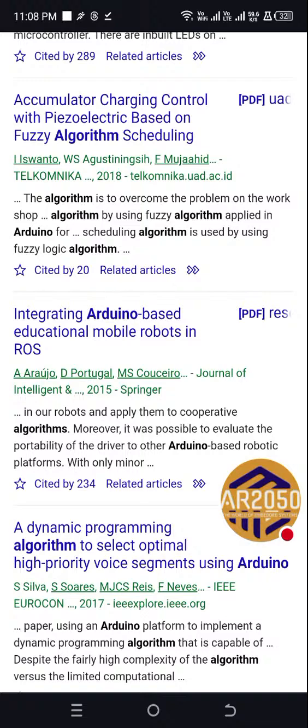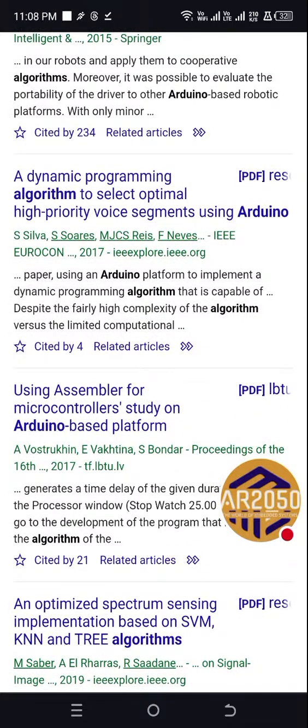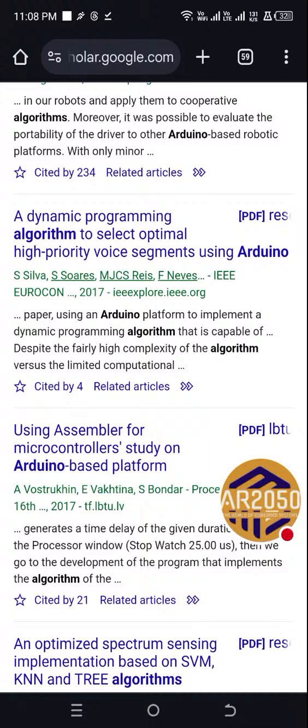So no. Dynamic programming algorithm to select optimum high priority voice segments using Arduino. Paper using an Arduino platform to implement dynamic programming. Dynamic programming, if you are not aware of that, is an advanced level topic in algorithms, which if you master, you can solve many problems.